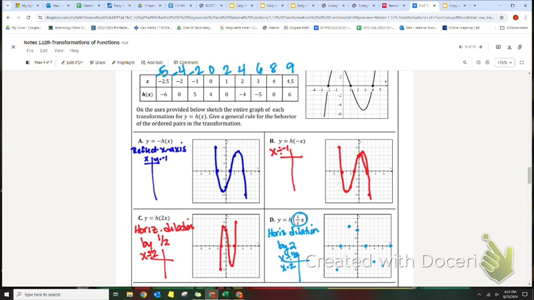And then my 9 is off the graph, but it's just barely off the graph, so I can make that work.